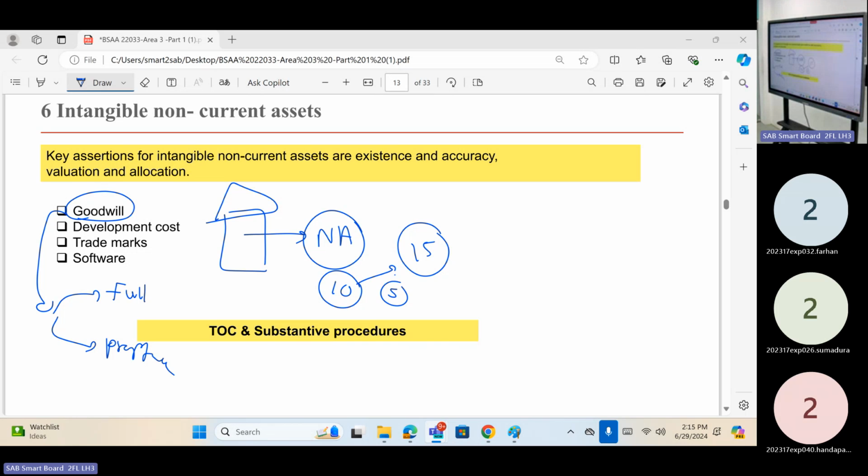At the point of acquisition of what? The control. At the point of acquiring the control, you have to calculate the goodwill. Your acquisition may happen in different stages.